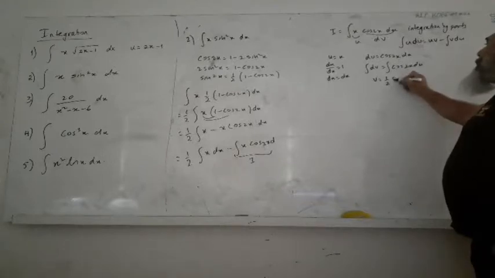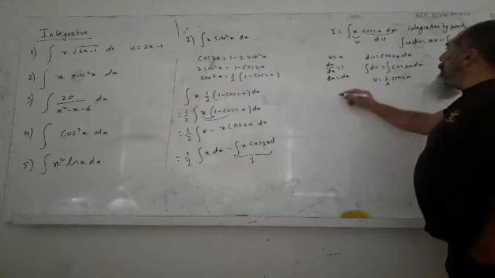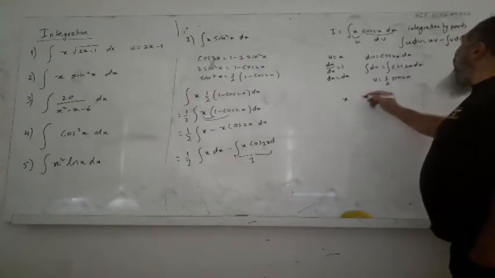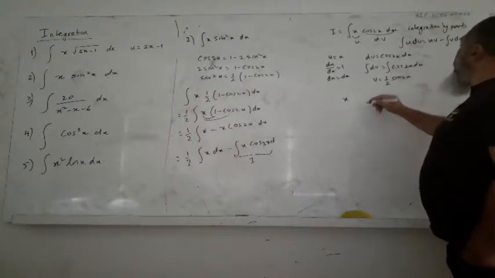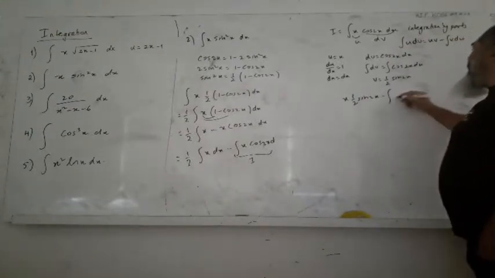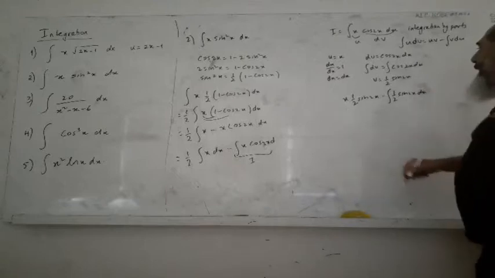So uv is going to be, u is x, v is 1 over 2 sine 2x, minus v du, 1 over 2 sine 2x dx. This is uv minus the integral of v du.